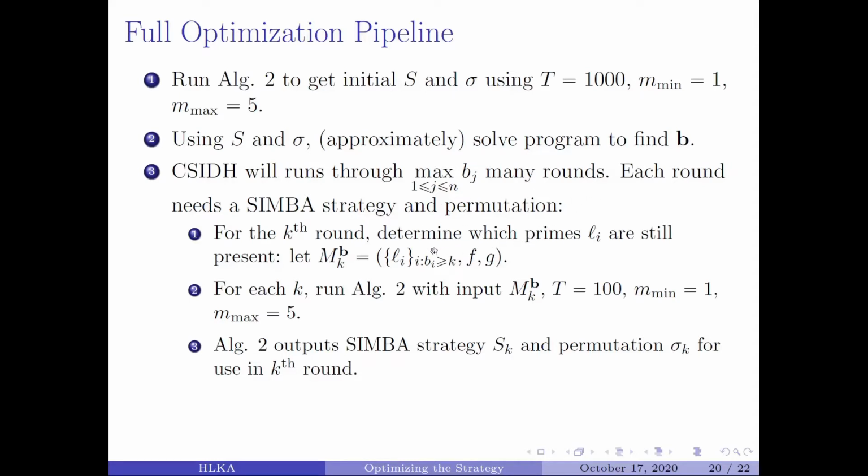We'll look at our bound vector and determine which primes, l_i, will still be present in the kth round, and we'll form a measure out of it for that round. We'll then put that measure into algorithm 2, and algorithm 2 will output a SIMBA strategy and a permutation to be used in that round. In this way we get a full parameter set to use in CSIDH.